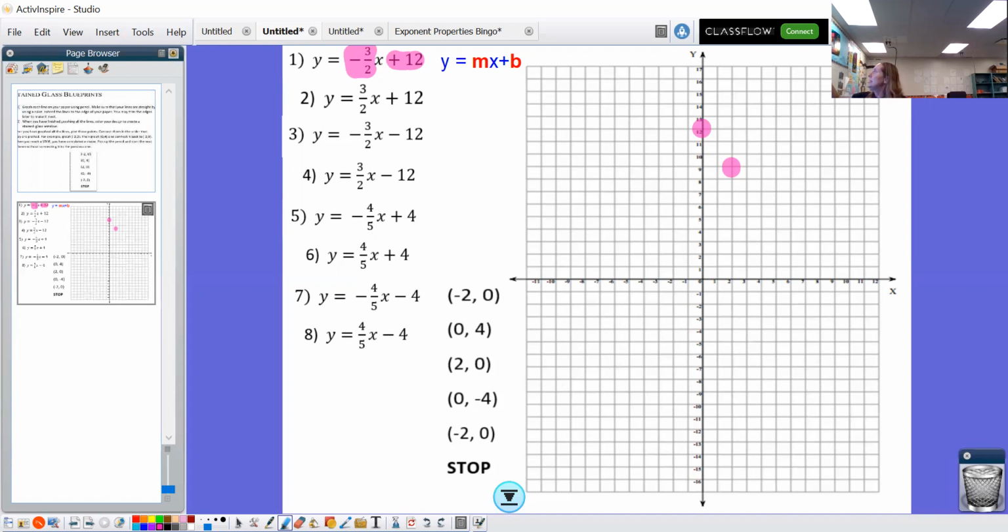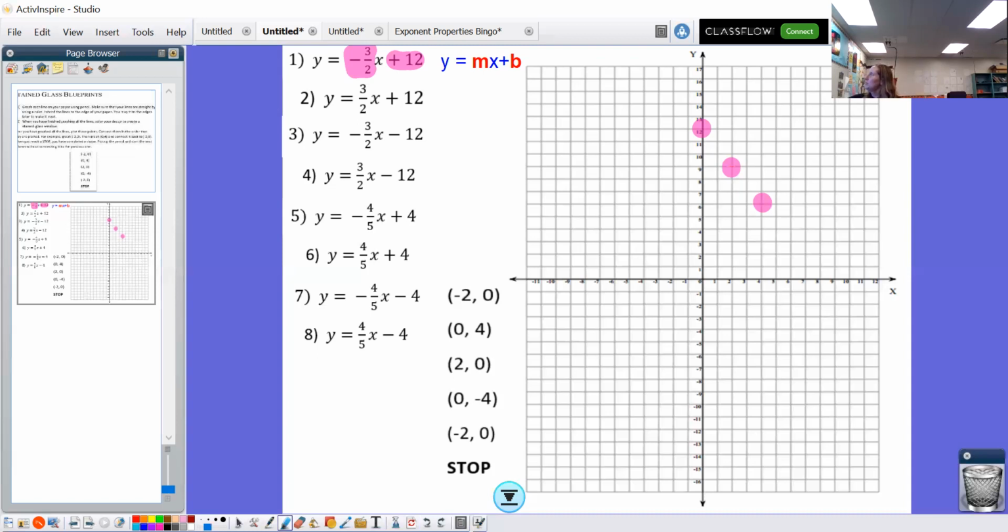So I'm going to move down 3 units, 1, 2, 3, and to the right 2, 1, 2. You can come back and check. I moved down 3 units, 1, 2, 3, and then to the right 2 units, 1, 2. Make sense? Let's do it one more time and plot one more point on that line.